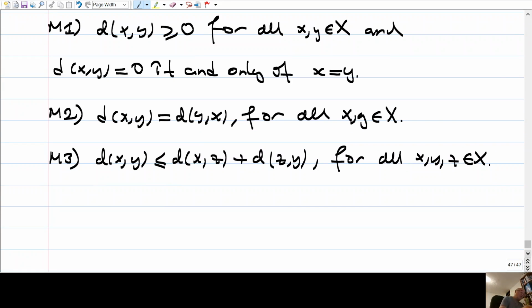So M3 is called the triangle inequality.